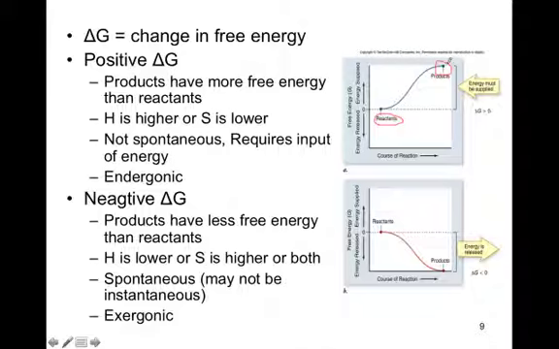And a positive delta G means there's more energy stored in the bonds of this molecule than there were in this molecule. And S, or entropy, is lower. Don't worry about that though. H is more important. These reactions are naturally not spontaneous, and thus they require the input of energy.